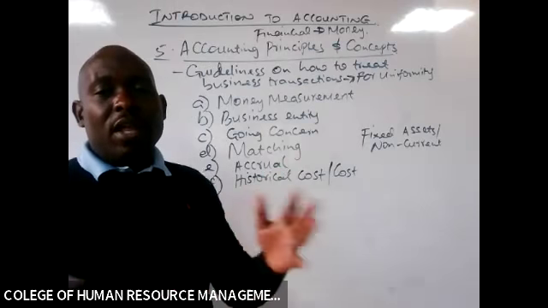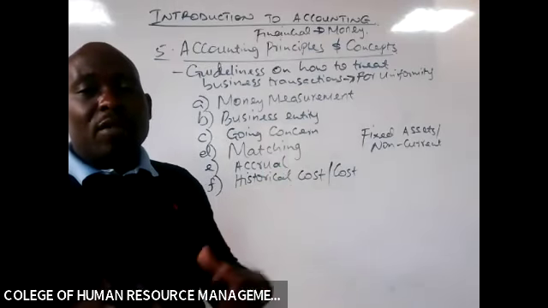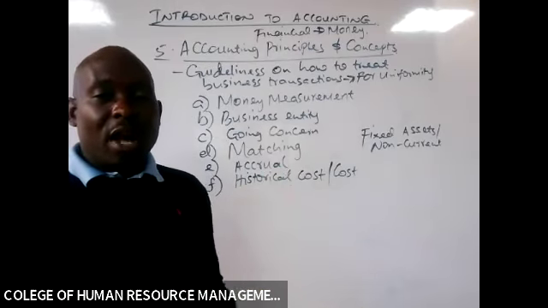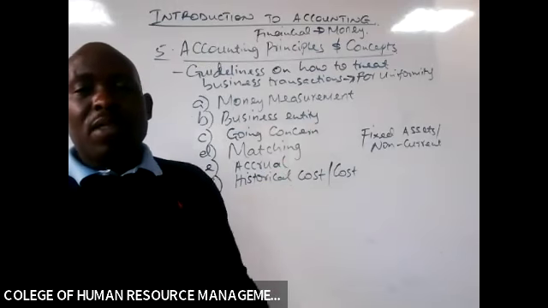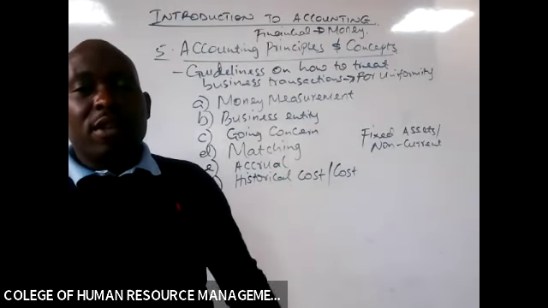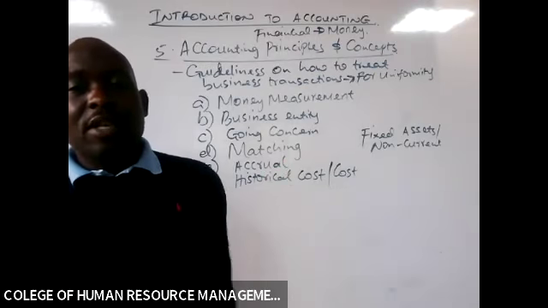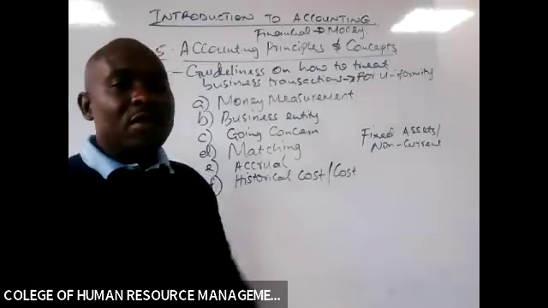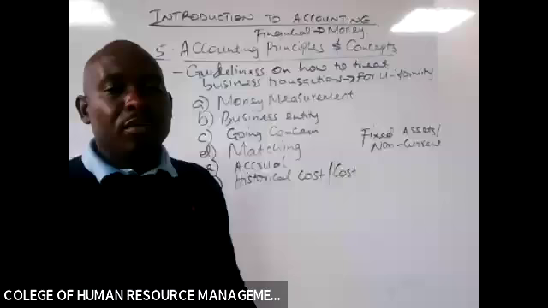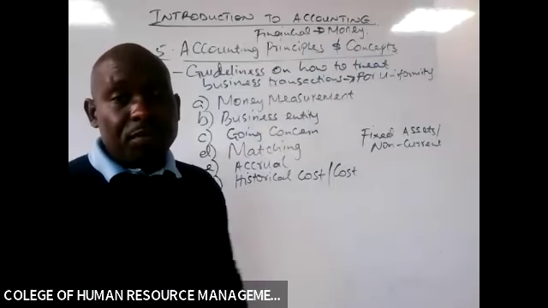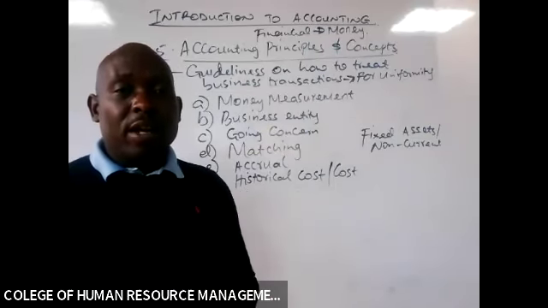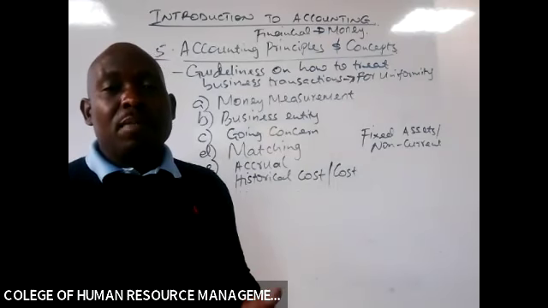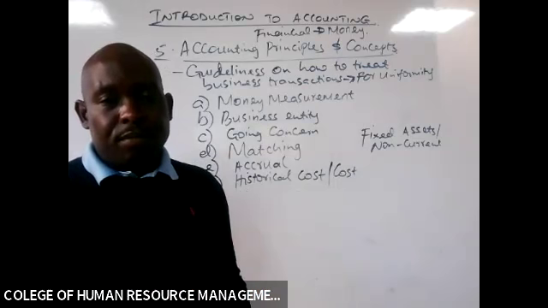The computers, the land and the buildings, the equipment, the machines, furniture, and all that in the business. You buy them, they will serve you this year, they will still serve you next year. So they are fixed assets because they are long-term. These assets, because of inflation outside there, after some time, their market price will be changing.